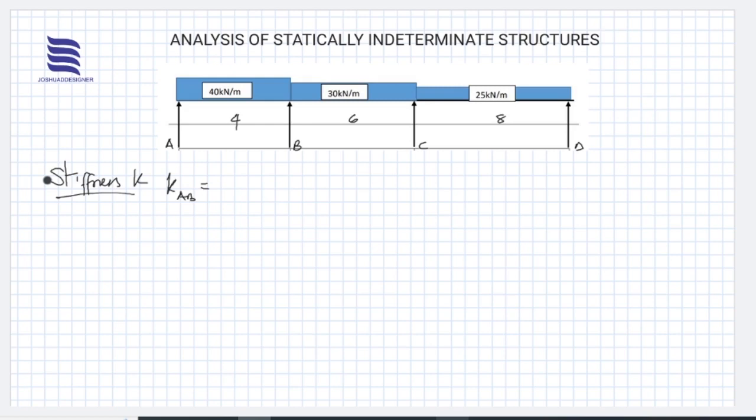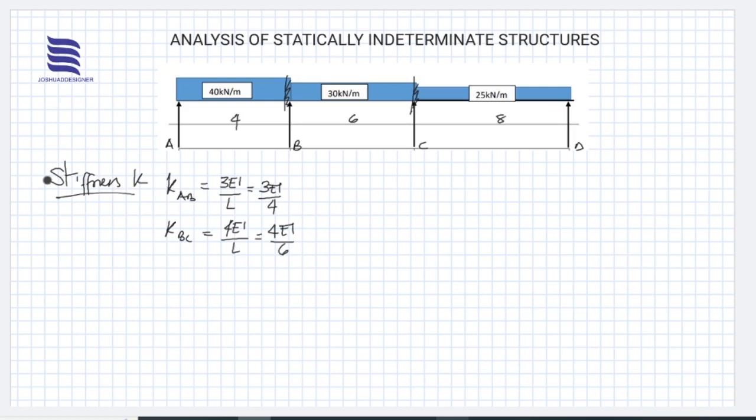So this would obtain 3EI over L, which will give us 3EI over 4, right? And for stiffness BC, this span is such that this is fixed and this also is fixed, so that will be 4EI over L, which is 4EI over 6.